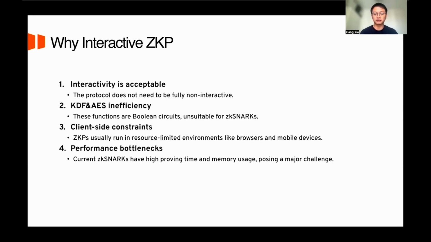So an interactive zero-knowledge proof system is totally suitable in this case. The second reason is that in both modes, the client has to prove KDF and AES, which are all represented by Boolean circuits, and all these circuits are not zk-SNARK friendly.